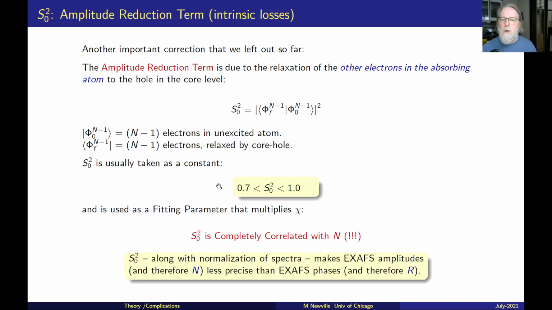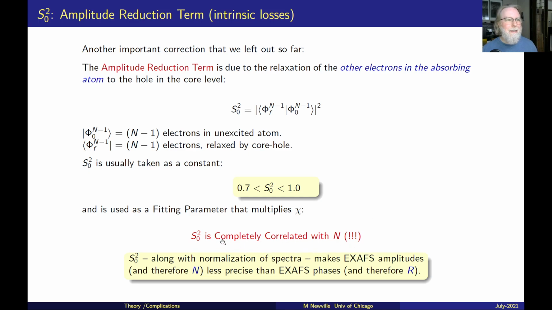But it also masks a lot of other experimental or theoretical challenges, that is, getting the normalization of our XAFS spectra or understanding the effect of changing resolution between different beam lines can also go into terms that are similar to this. And so using a number of about 0.7 to 1 as a fitting parameter in XAFS is common and usually necessary to get coordination numbers correct.